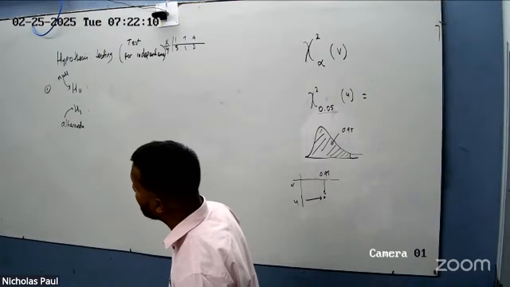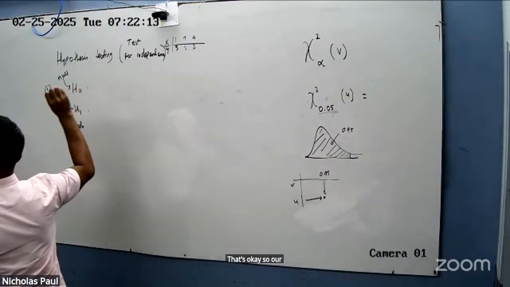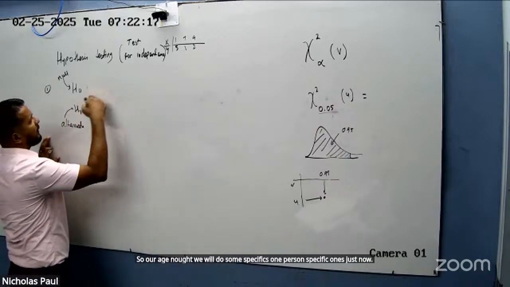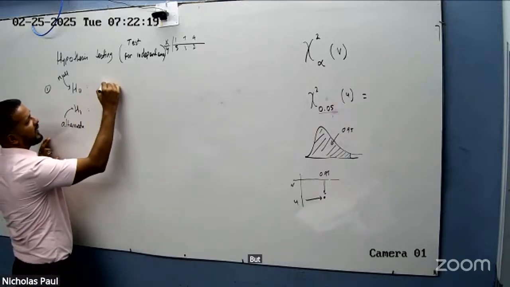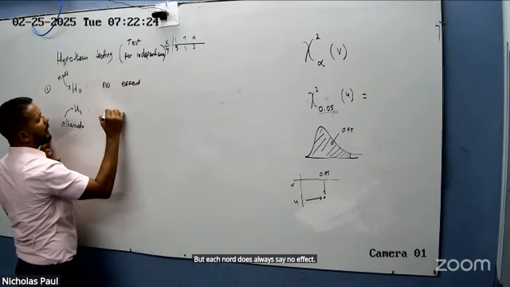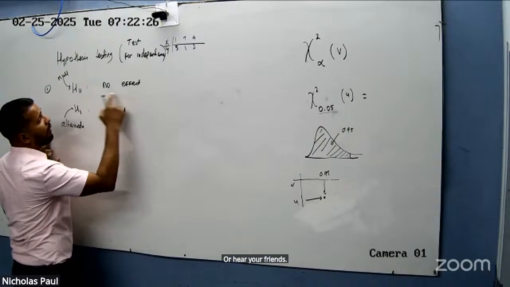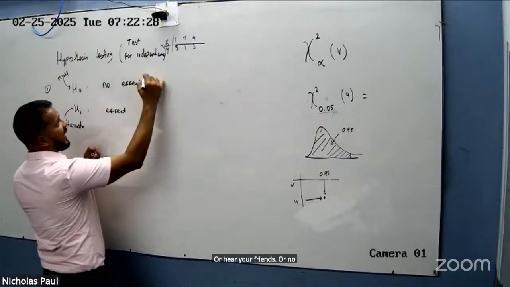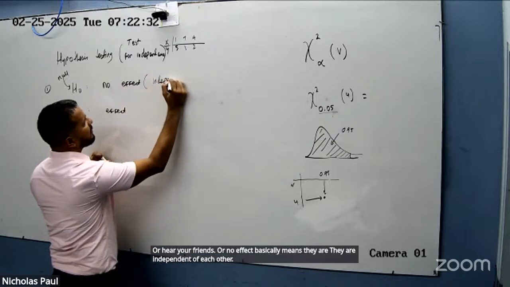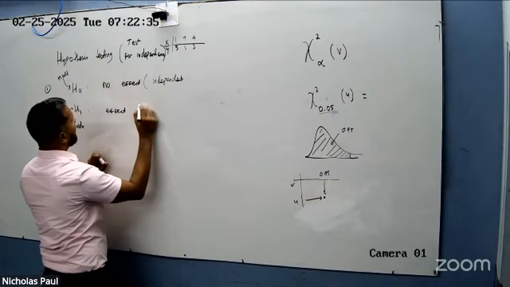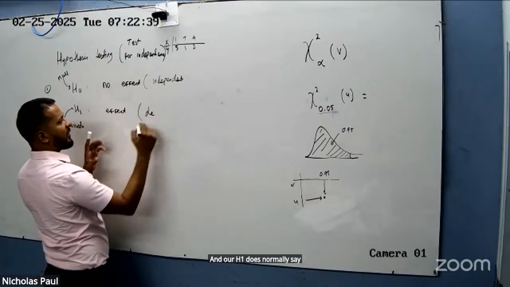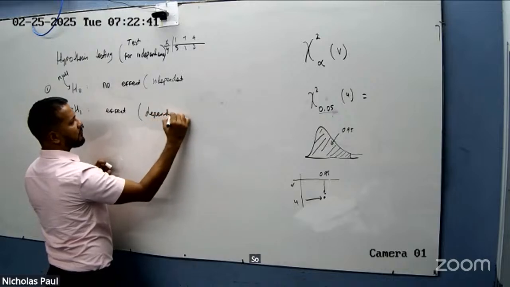That's okay. So our H naught, we'll do some specific ones just now, but our H naught always says no effect, which basically means they are independent of each other. And our H1 normally says that they affect each other, so they are dependent.